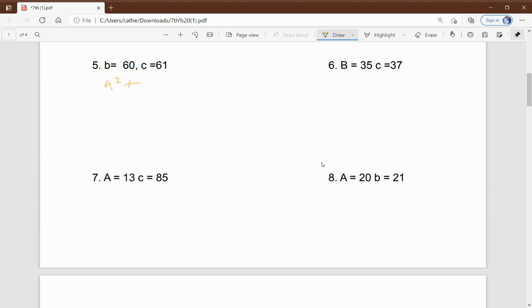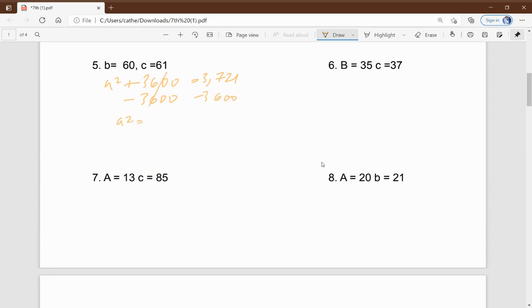A squared plus 3,600, and then C squared is 61 squared. So that would be 3,721. Subtract 3,600 from both sides.